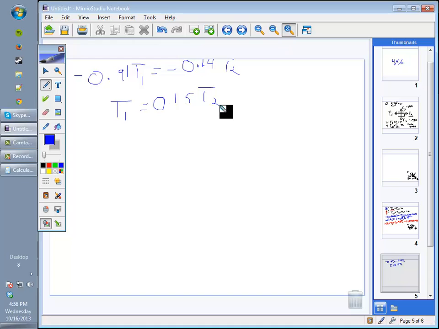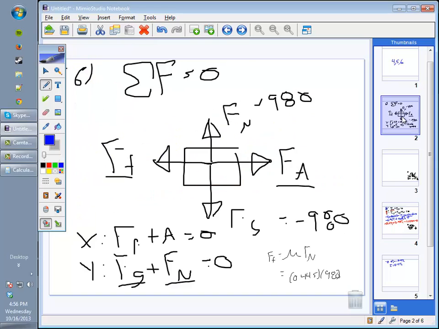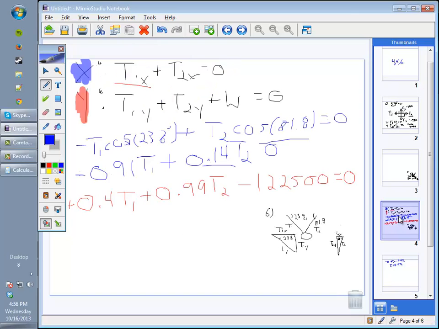And the reason that helps us is we go back to here, and we can say, alright, well, in reality, T1 is 0.15 T2. So I can say this is 0.4, and T1 is really 0.15 T2 plus 0.99 T2 minus all this stuff over here.